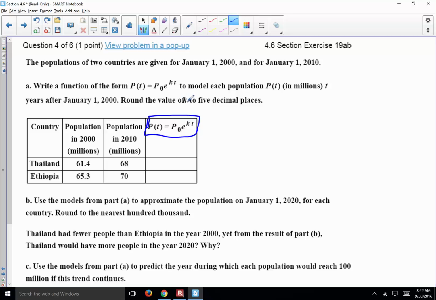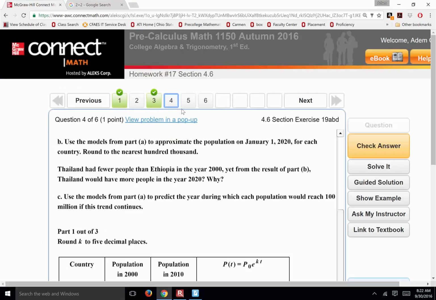So in part A, by the way, this is K. They want us to find what rate each country's population is rising. You're going to find two K values. One K for Thailand, the other one for Ethiopia. Make sure what's exactly asked.